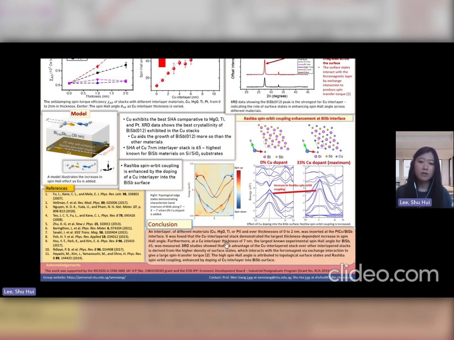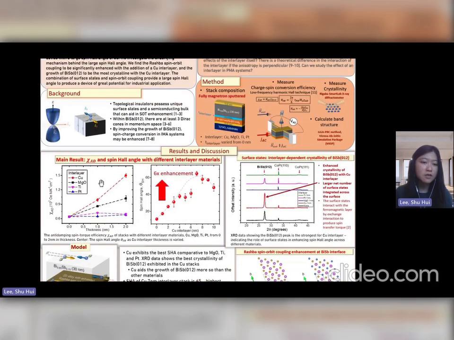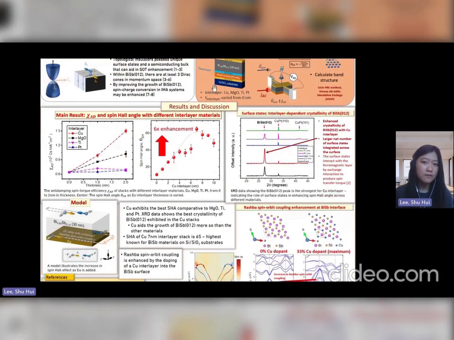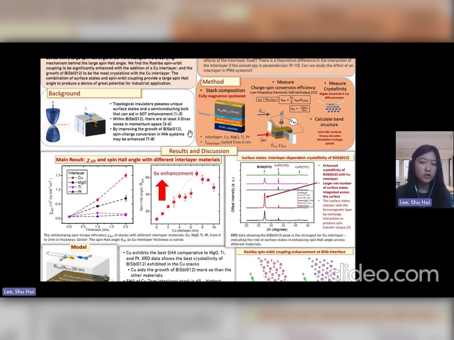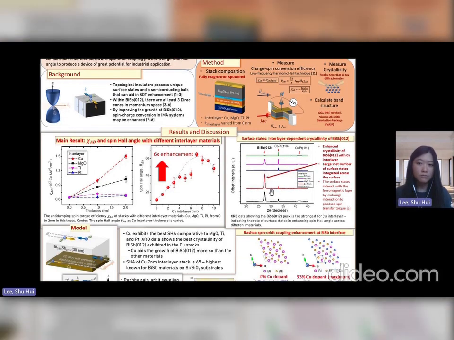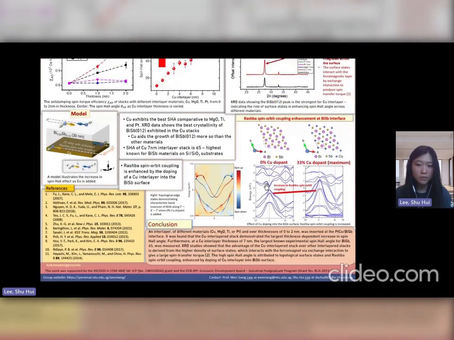In conclusion, we studied different interlayer materials and their effect on the spin charge conversion efficiency. In this stack, we see that copper performs the best. The reason is that copper induces a larger number of surface states in the growth of the bismuth antimony 012 phase. It grows better when a copper interlayer is added below it.